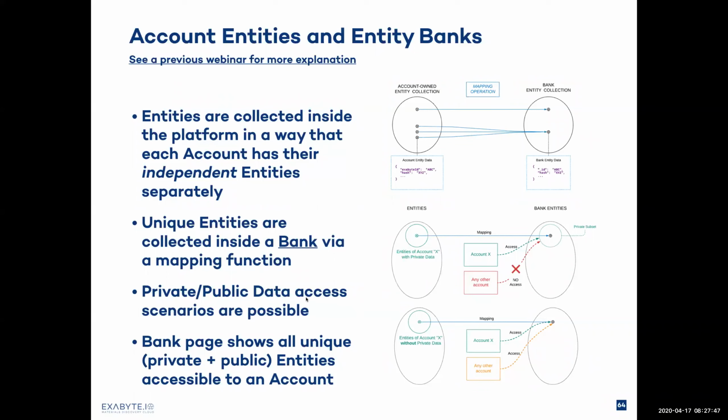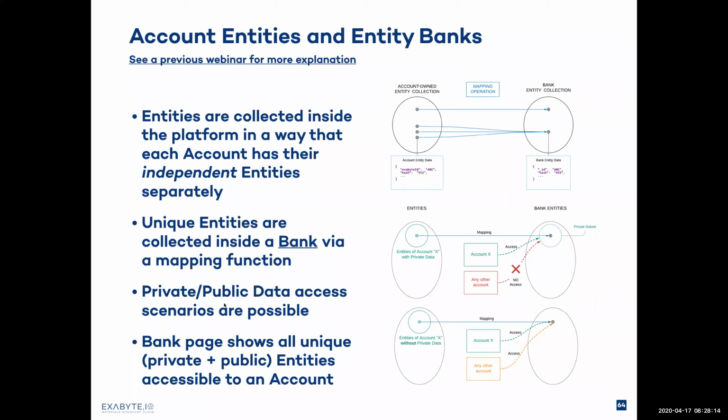The accounts that have public data and private data, they can have public and private data access enabled for them. And when they have private data enabled, all the bank entities that they create are accessible only to them and nobody else, right? So if an account creates a particular entity in the bank, no other account can have access to it.